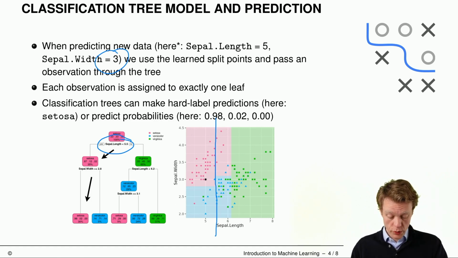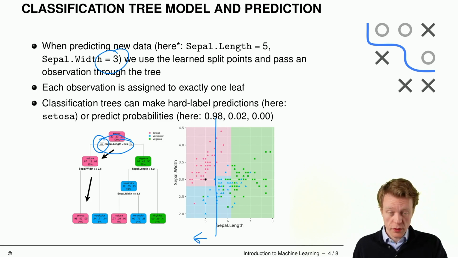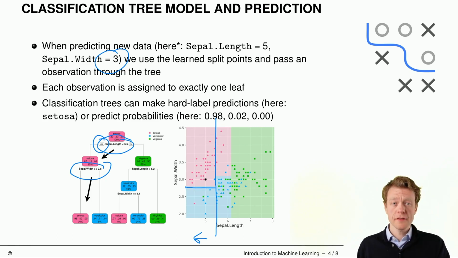Then if we go to yes, so smaller than 5.5, then we split with respect to sepal width at 2.8. Okay, but this split goes only until we reach sepal length equals 5.5. Okay, it does not go further.